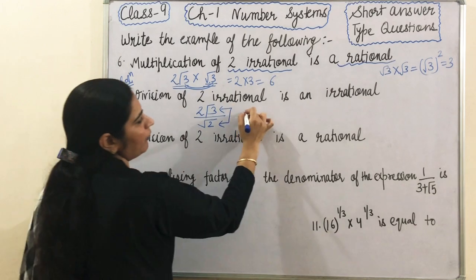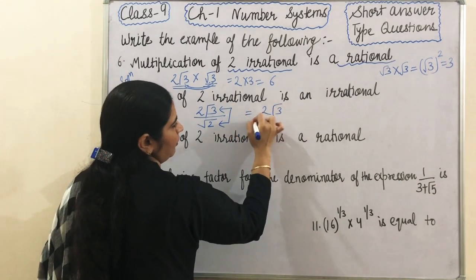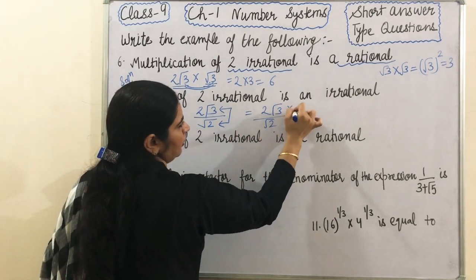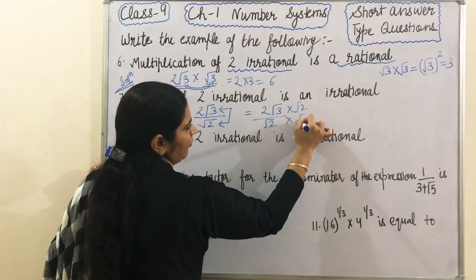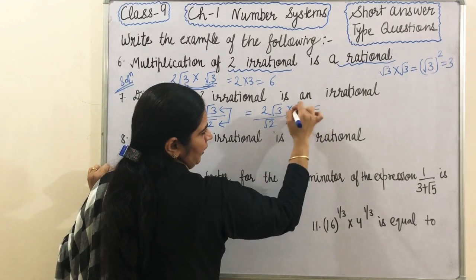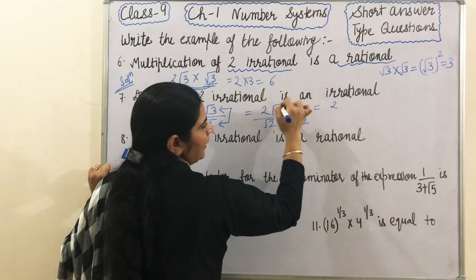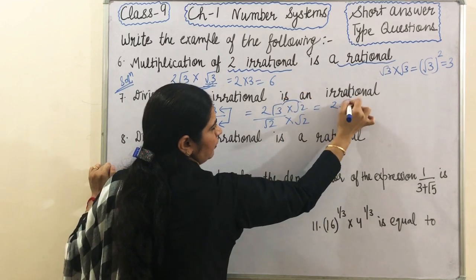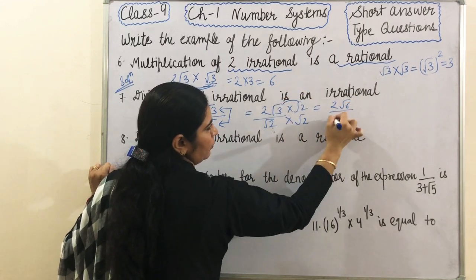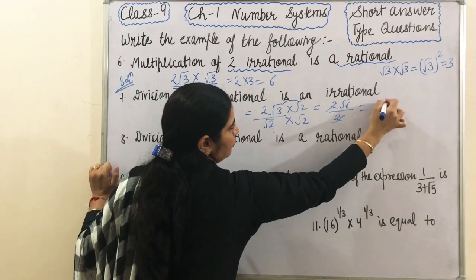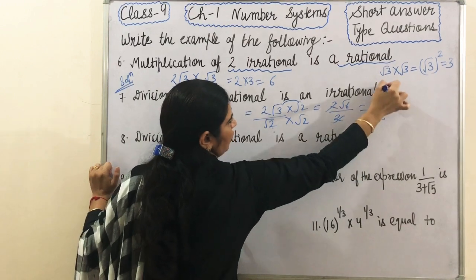If I simplify it, after rationalization, multiplying and dividing by root 2, it is equal to 2 into, like terms will be multiplied, root 2 into root 2, final answer is root 6, which is an irrational number.